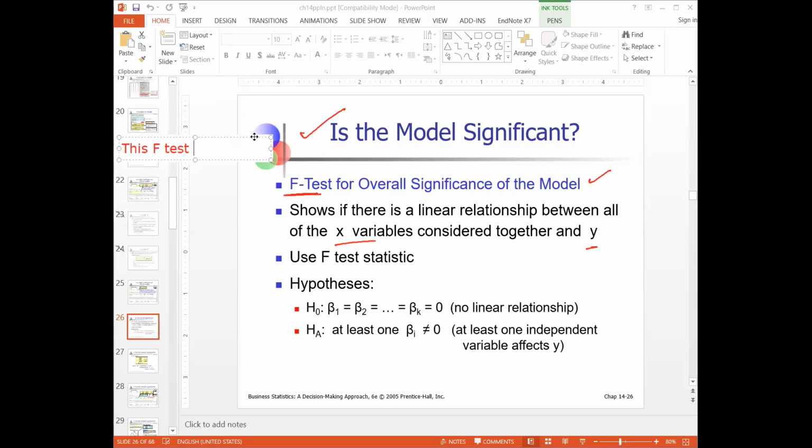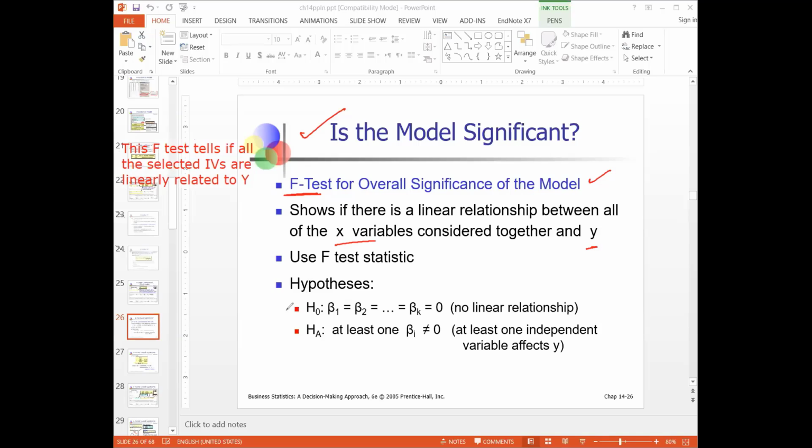This F test tells if all the selected IVs are linearly related to y, which is your dependent variable. So we use the F statistic.